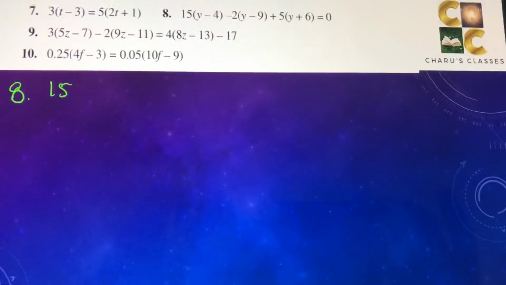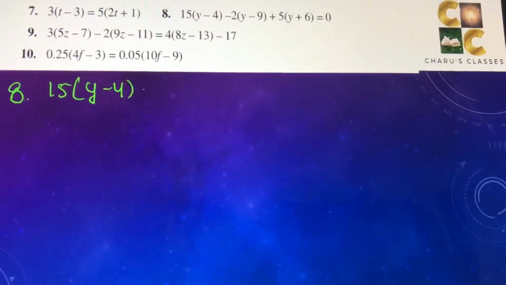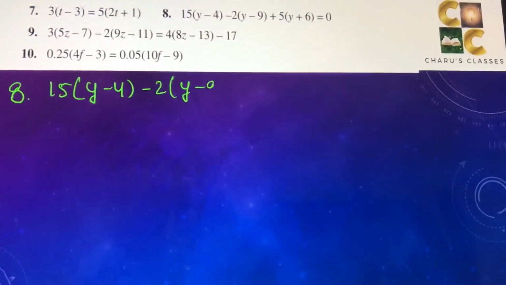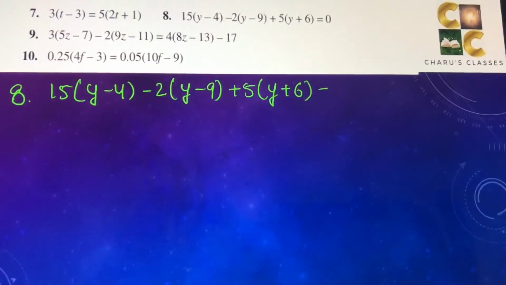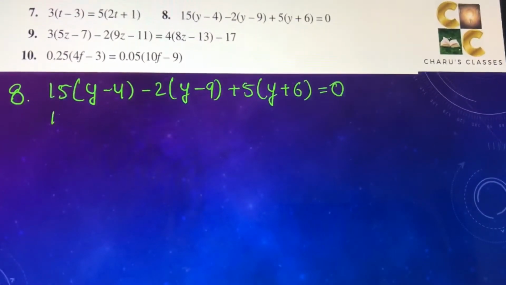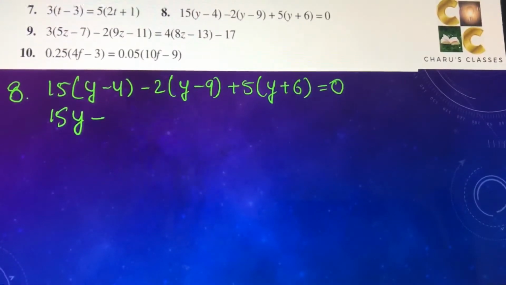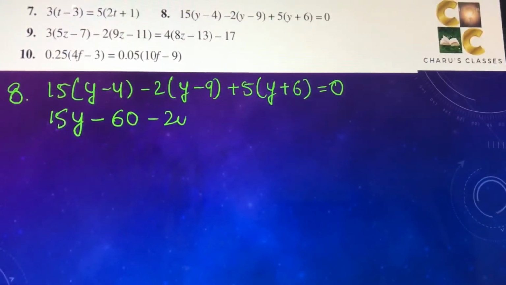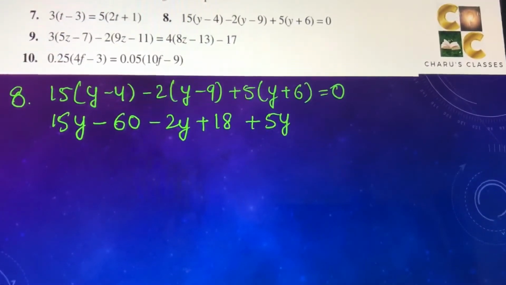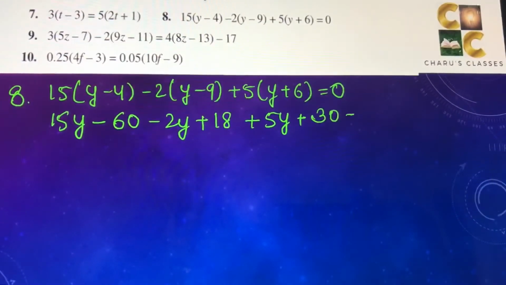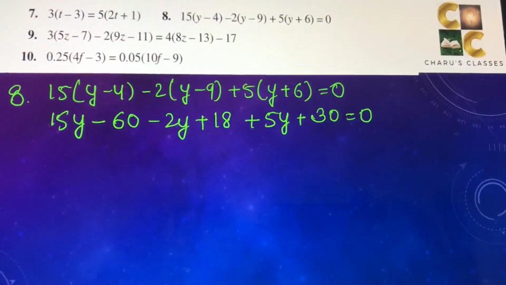Question number 8. 15 into (y minus 4) minus 2 into (y minus 9) plus 5 into (y plus 6) is equal to 0. So 15y minus 60 minus 2y plus 18 plus 5y plus 30 is equal to 0.